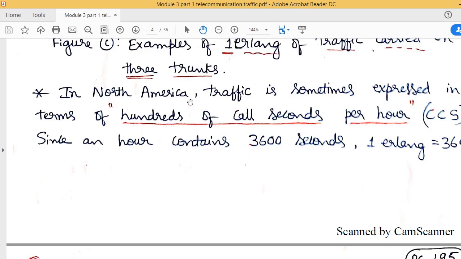In North America, traffic is sometimes expressed in terms of hundreds of call seconds per hour. Generally we call it CCS. Since we know 1 hour contains 3600 seconds, 1 Erlang will be defined as 36 CCS.